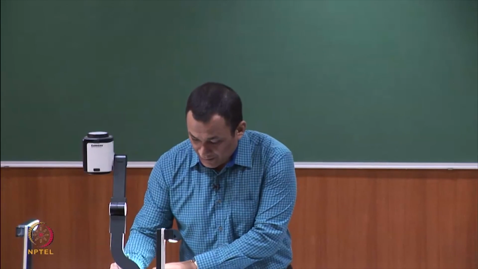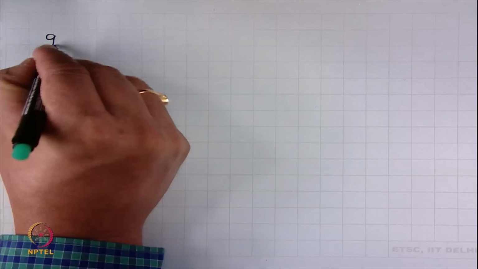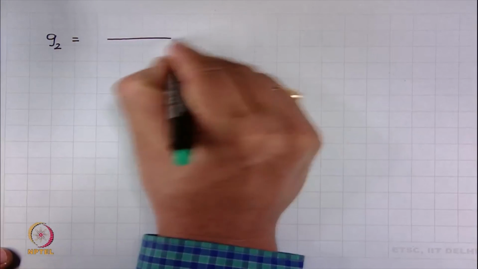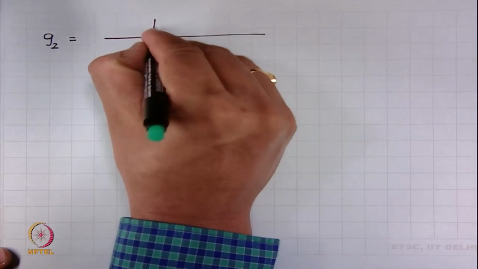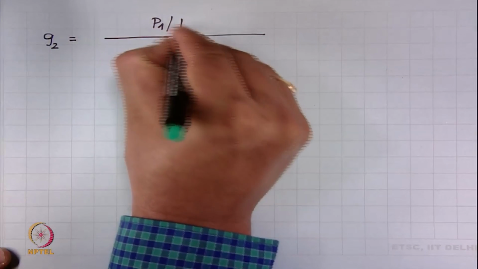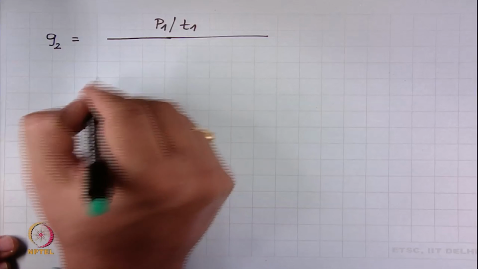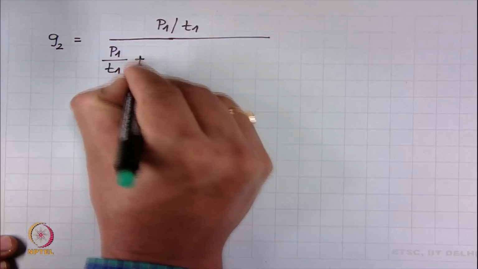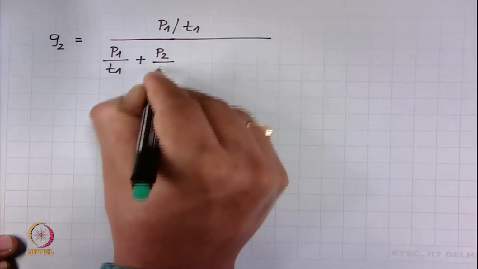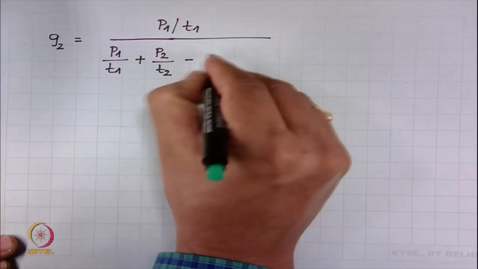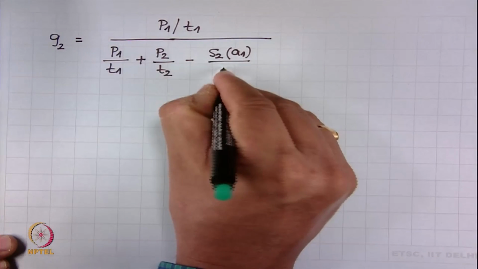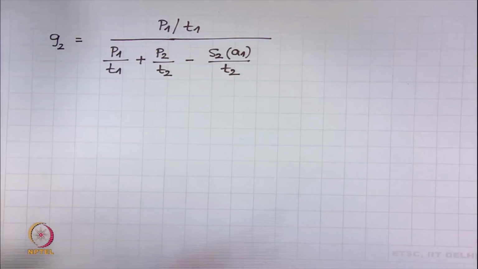So, the bundle tenacity will be minimum when G2 is equal to P1 by T1 divided by P1 by T1 plus P2 by T2 minus S2 A1 by T2.